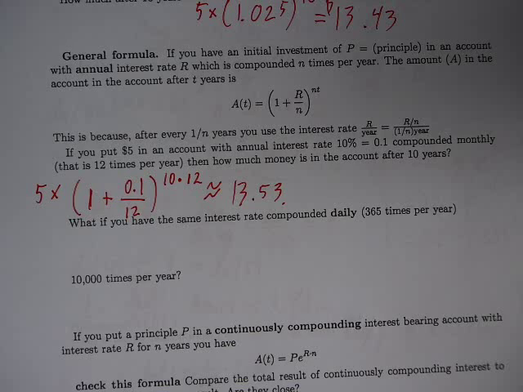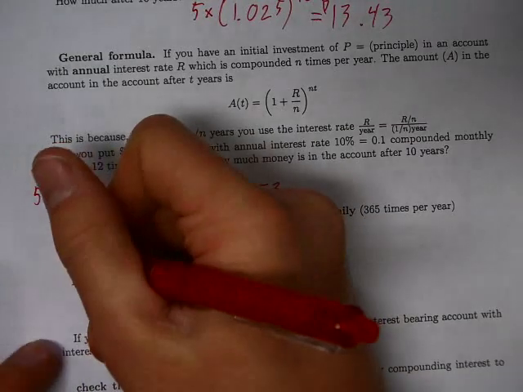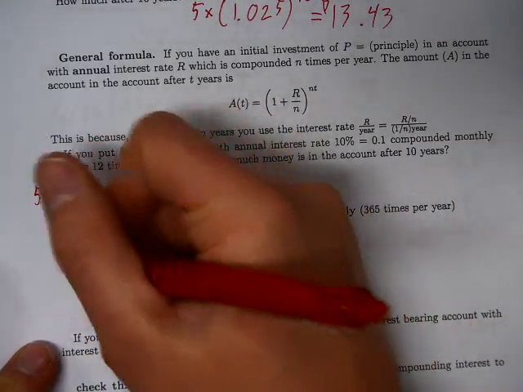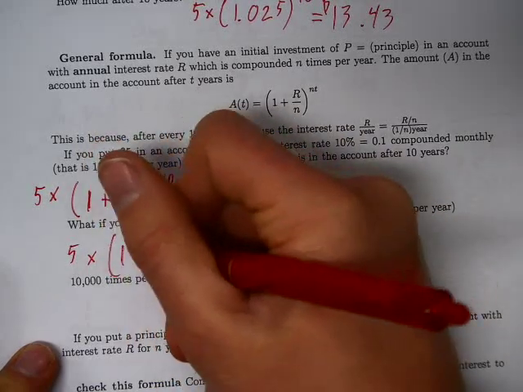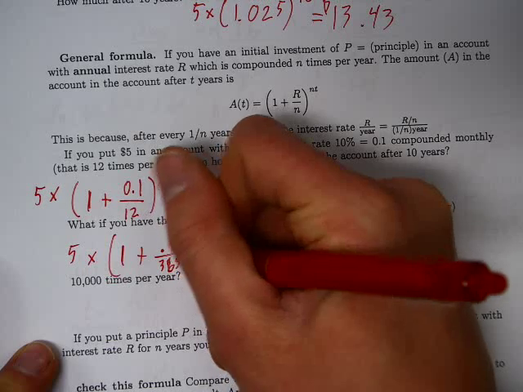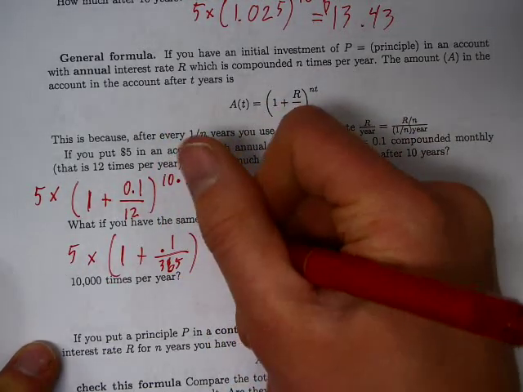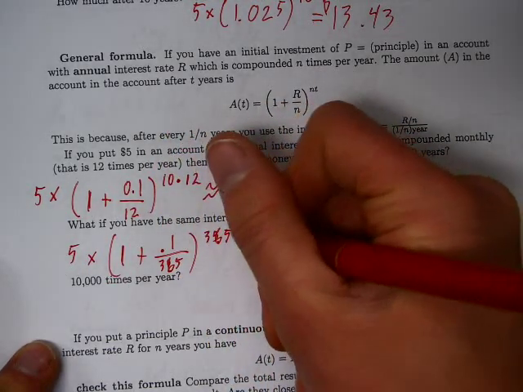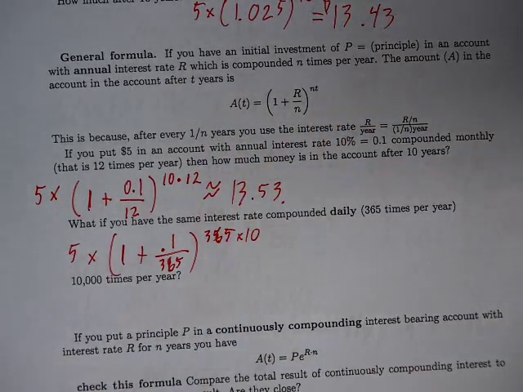Let's see what happens. So this should be 5 times 1 plus the interest rate, 0.1, divided by 365, raised to 365 days per year times 10 years. I guess I am off by leap years, but I'm okay with that.